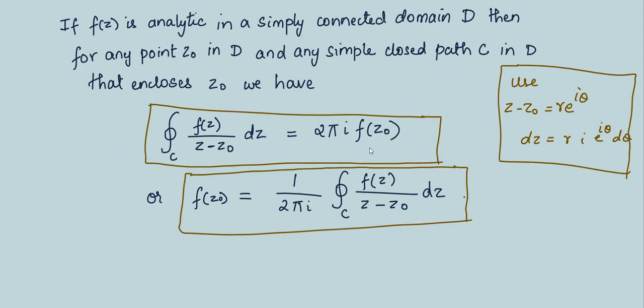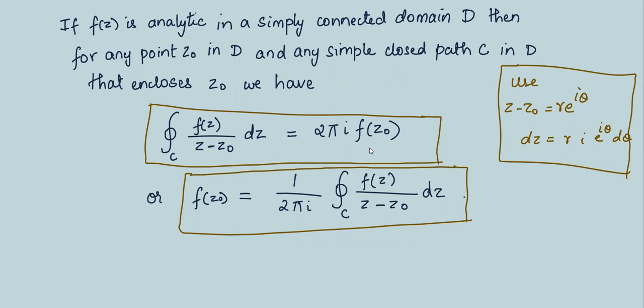So this is a very important result. Extremely important result. Tomorrow we will see the applications of this Cauchy's integral formula, and we'll show the derivative of analytic functions based on this. And then this will be used for some simple problems, a lot of problems on Cauchy's integral theorem.